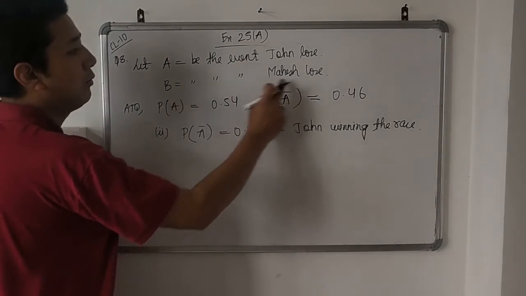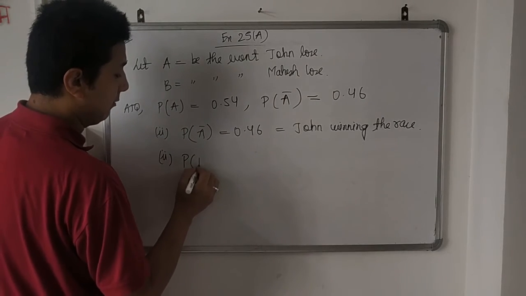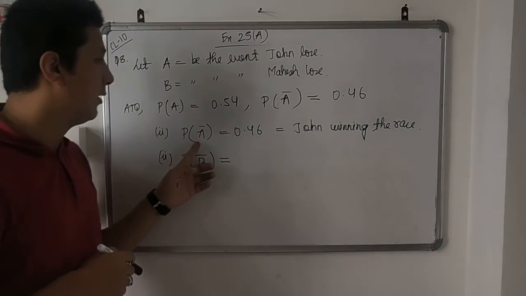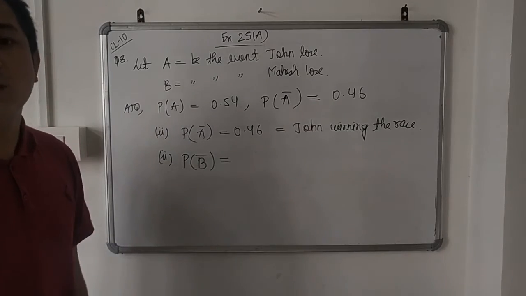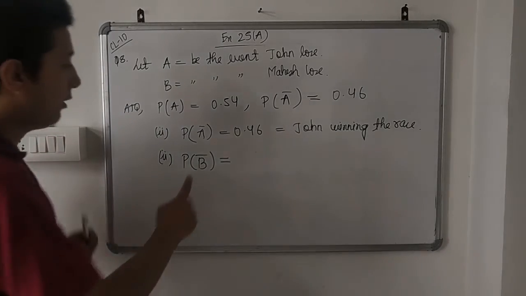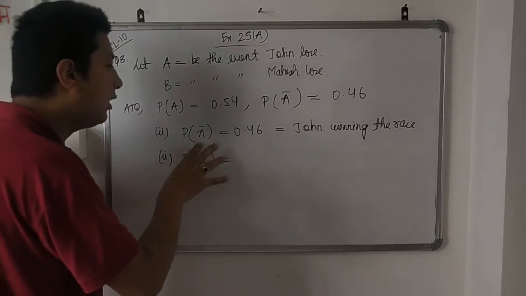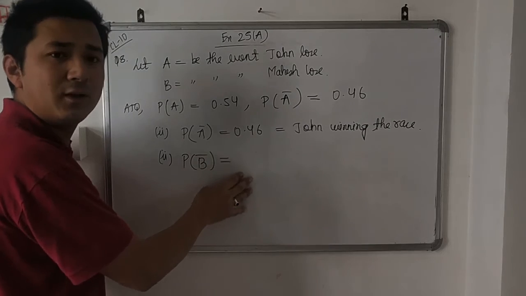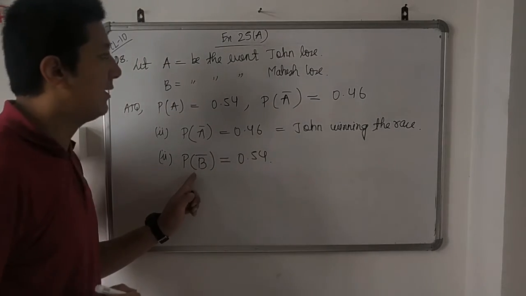Mahesh lose was B, then it will be Mahesh winning. And I know that John's winning plus Mahesh's winning will be complementary to each other. So these two guys are running the race, right? So if 0.46 is the chance of John's winning, then just the opposite of it, 0.54, will be the chance of Mahesh winning the race.